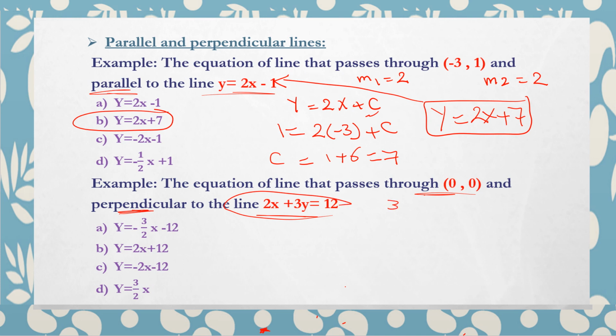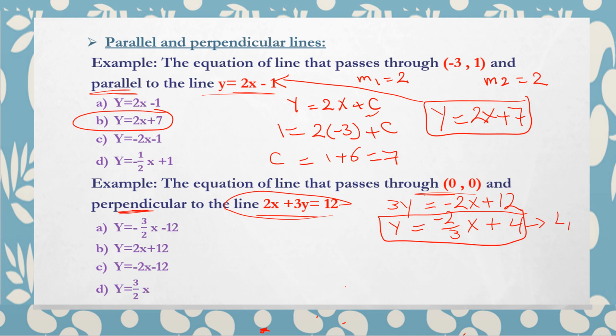So 3y equals minus 2x plus 12, y equals minus 2 over 3 x plus 4. So this is the equation of the first line, or L1, and the slope, or m1, for this line equals minus 2 over 3.